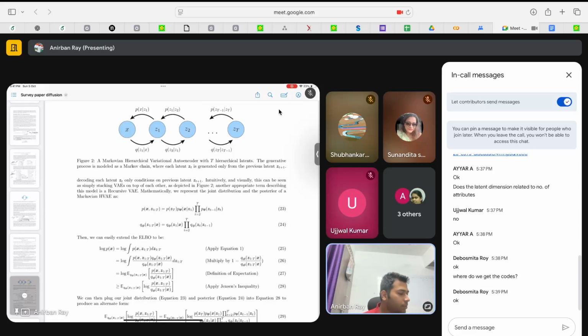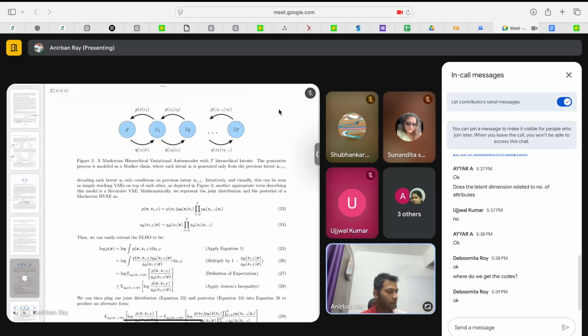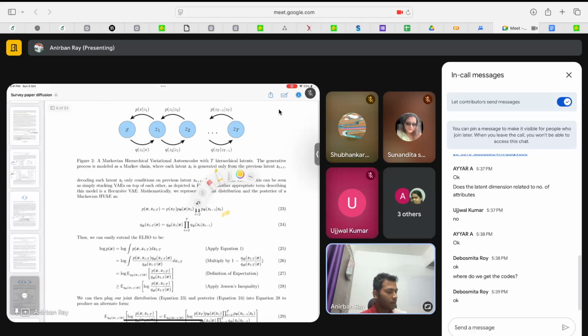So this p theta, z t minus 1 only depends on z t. First we go to the latent z1 through the process q z1 given x, then to subsequent q's, and then you reverse as well.